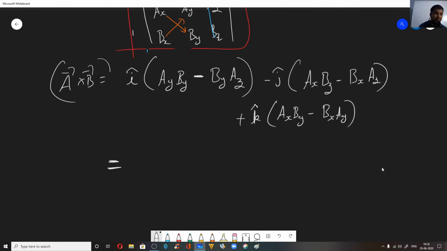The result is actually a vector. We have got a vector itself in terms of x, y, and z components. This is the magnitude of the component of the result which is along the x-axis, since you have multiplied with i cap. So let us write it neatly.